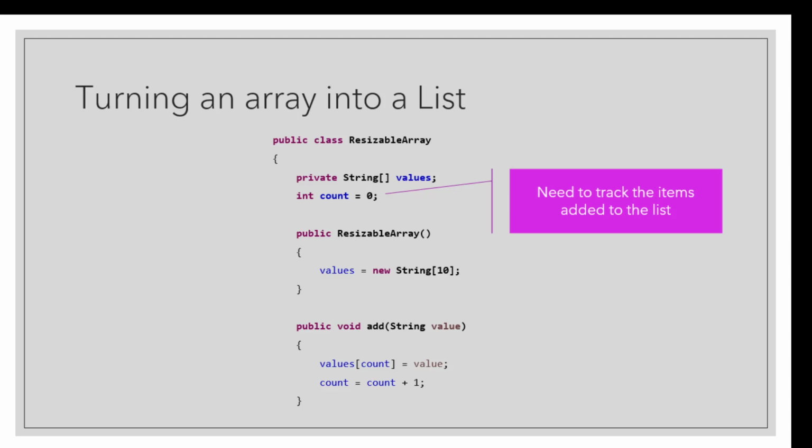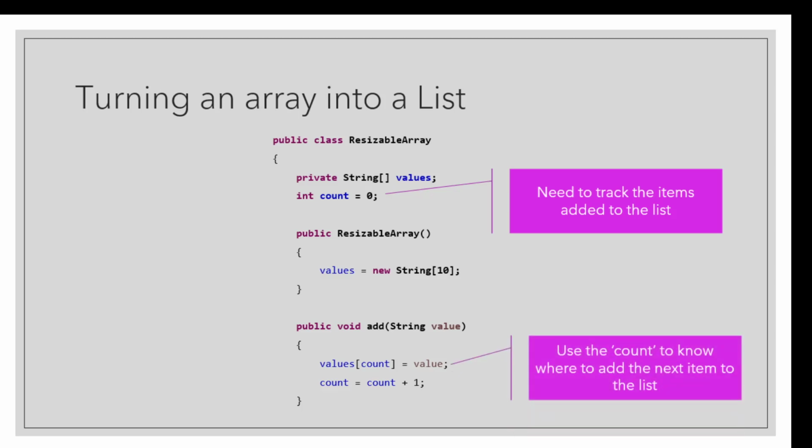Now notice I initialized this array to be size 10. It'll hold items 0 through 9 as far as indices go, but there's 10 items in the array. And then the add simply adds the value at the count. So the first thing that goes in goes at space 0, and then I increment it by 1. The second thing goes in at space 1, I increment it by 1, and so on. So turning an array into a list is not too bad to start with.